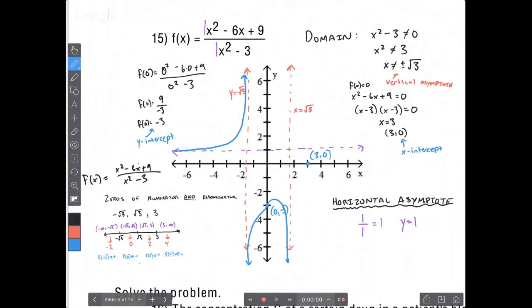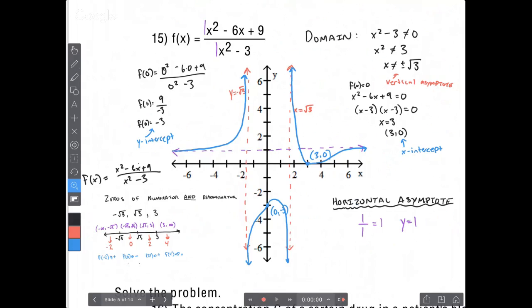Sweet. Then we know that the function changes sign, comes up towards positive infinity, and touches that 0 at 3, 0, and goes back out and approaches 1. Totally rad.